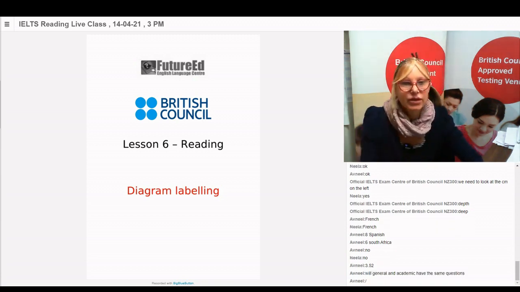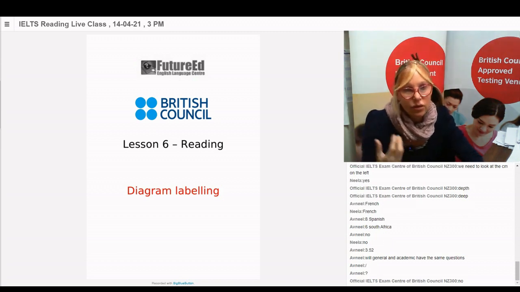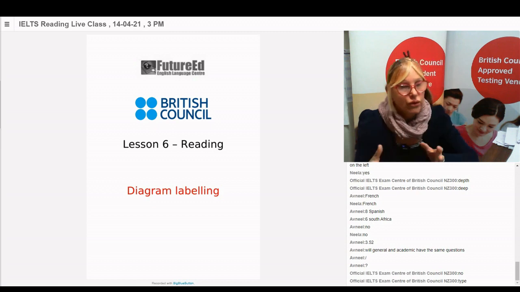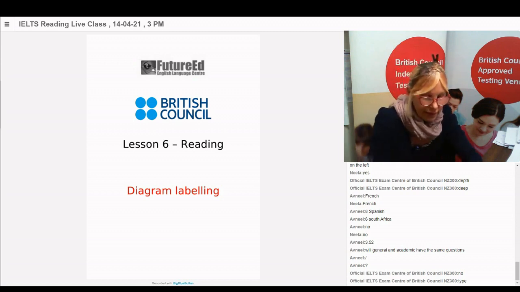So same type in terms of diagram labeling or short answer or multiple choice or true, false, not given, yes. Both academic and general training have the same types of questions. But what is different is the texts are different.